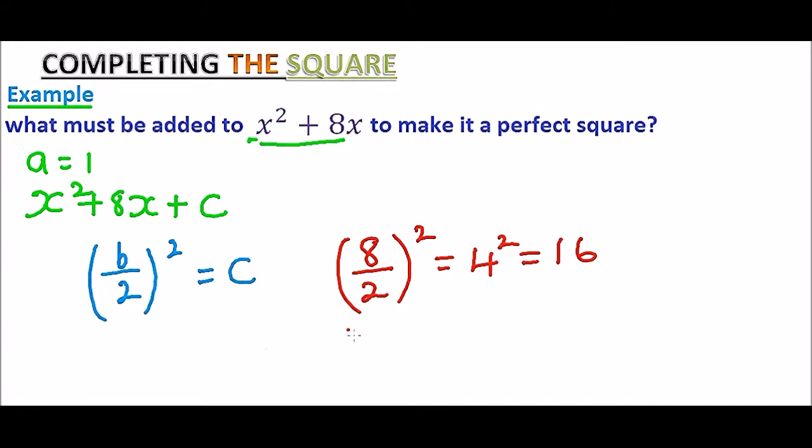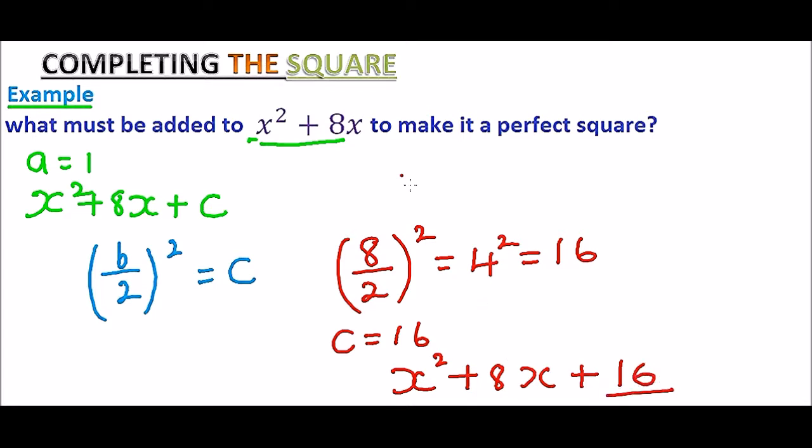This implies that our c is equal to 16, and therefore 16 must be added to make this expression a perfect square. So if it is a perfect square, then it should be x squared plus 8x plus 16. That is what should be added to make it a perfect square.